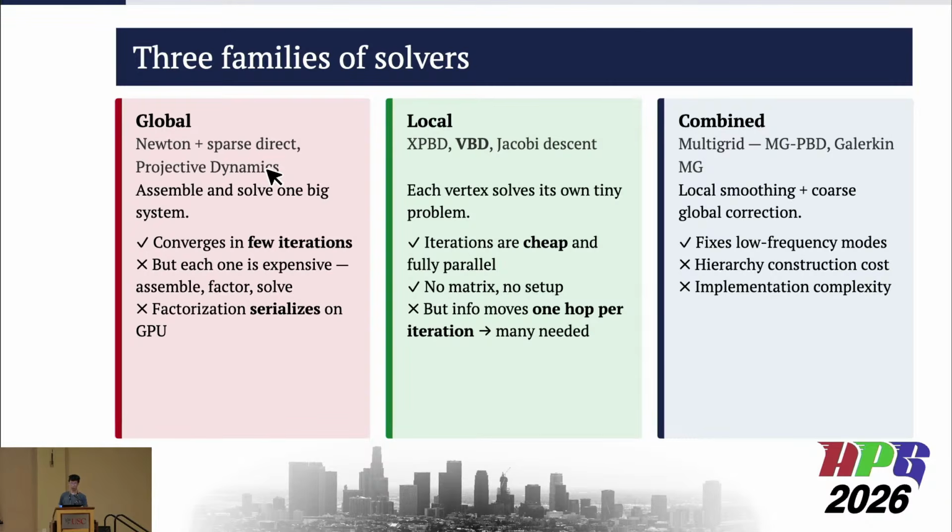The second is local solvers, which focus on tiny problems. They try to move each vertex according to its adjacent vertices. The problems are solved locally, so it can be parallelized and is cheaper, but it may not converge as well as the global solvers.